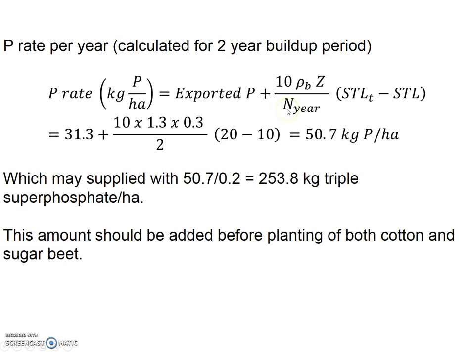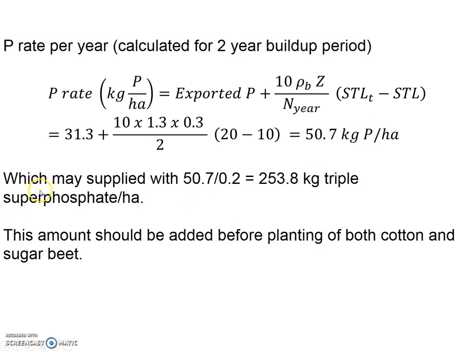We have said that it is 2, multiplied by the difference between the threshold soil test level for phosphorus, which we decided was 20, minus the soil test level that we have measured, which is 10 ppm. And applying this equation, we come up with 50.7 kilograms of phosphorus per hectare. This is the amount of fertilizer to apply every year.